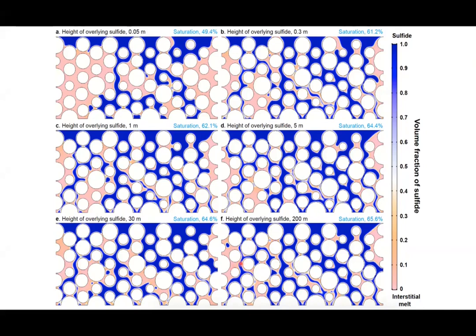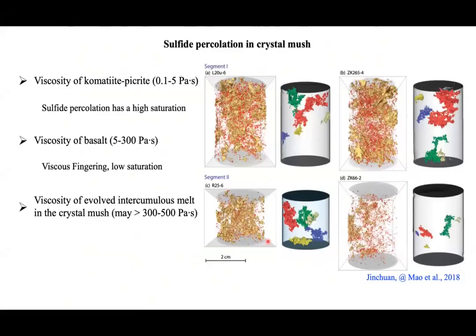So I think it depends on the capillary number and the viscosity ratio. We can say that because the viscosity of the chromitite or picrite is very small, there is less difference between the chromitite and the sulfide liquid.